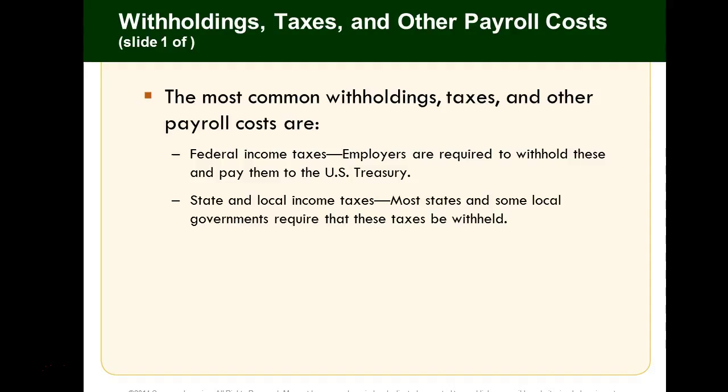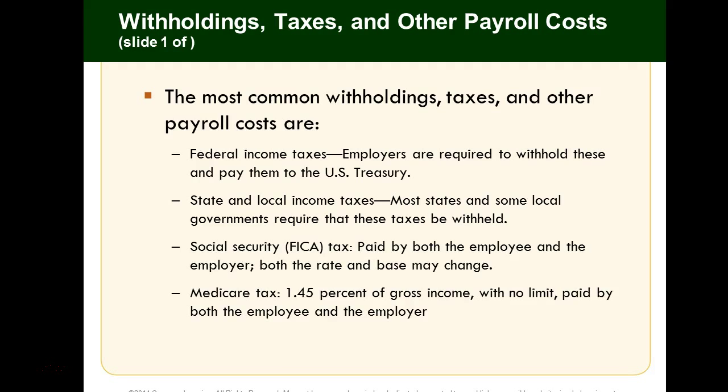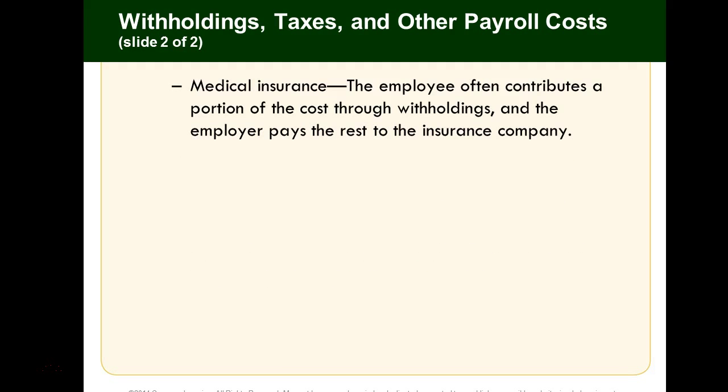So when we deal with payroll taxes, we're dealing with federal income taxes, those that the employer has to withhold and pay into the U.S. government. We're dealing with state and local income taxes, FICA, Medicare, medical insurance. Usually employees have to contribute a piece of it. If it's for the federal plan, then they pay in. If it's like where I work at DCTC, the state of Minnesota pays in a good portion of my medical plan, but I still am responsible for a portion of it.